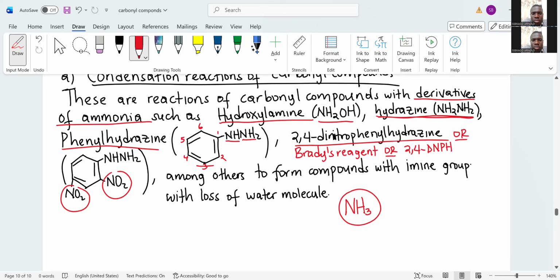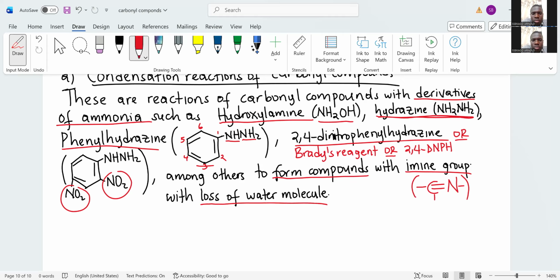What are the products of these reactions? Once carbonyl compounds react with derivatives of ammonia, we form compounds with the imine group. The imine group is a group of this form where carbon bonds with nitrogen. So the reaction results in formation of imine compounds, and it is accompanied by the loss of a water molecule, and that's why we have the name condensation.